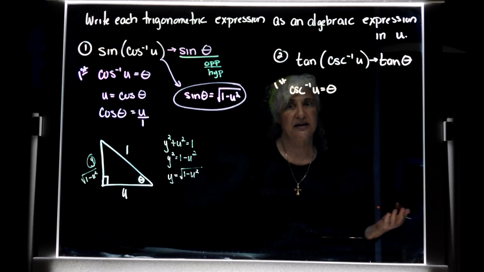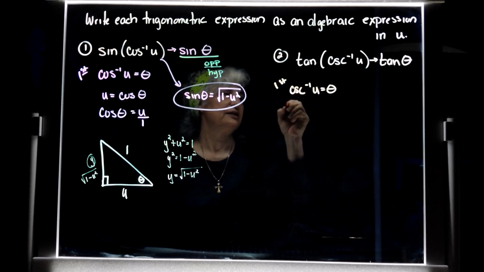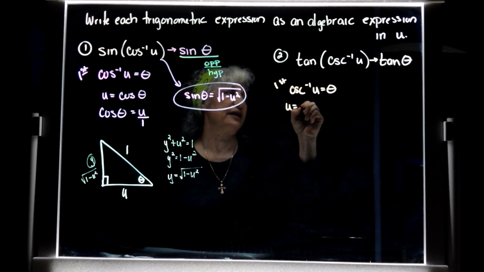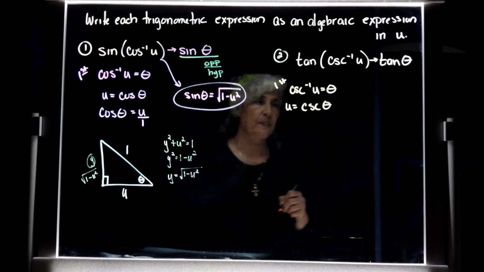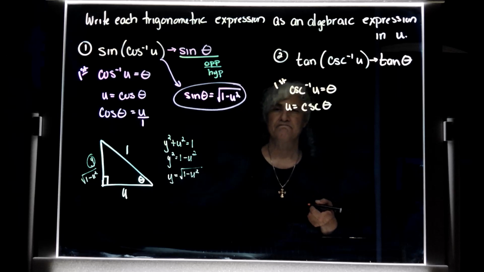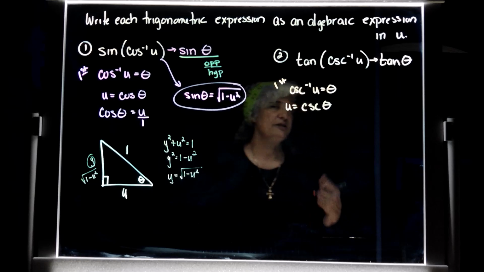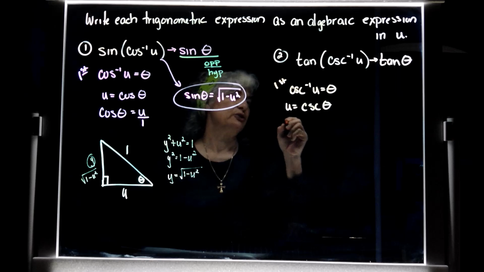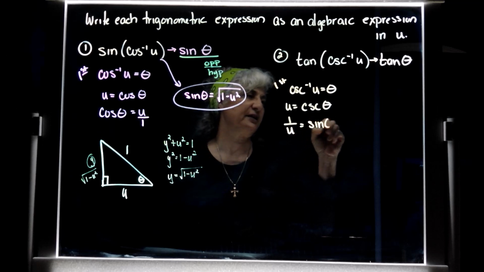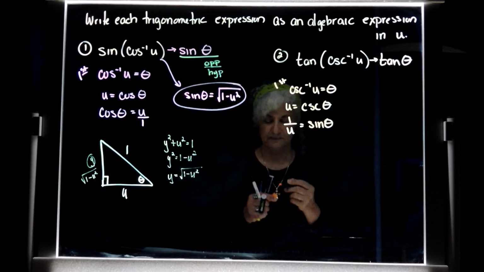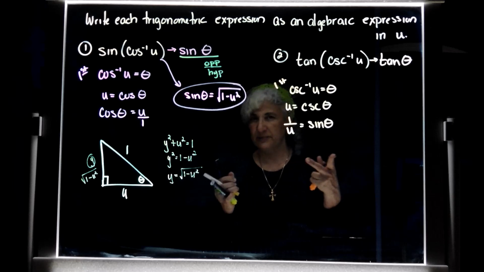So I'm going to need a triangle, aren't I? So same steps, right? Cosecant of theta. But what's cosecant? Yeah, cosecant's the reciprocal of sine, right? So if I remember that, isn't 1 over u equal then to the sine of theta? Right? Because it's the reciprocal.